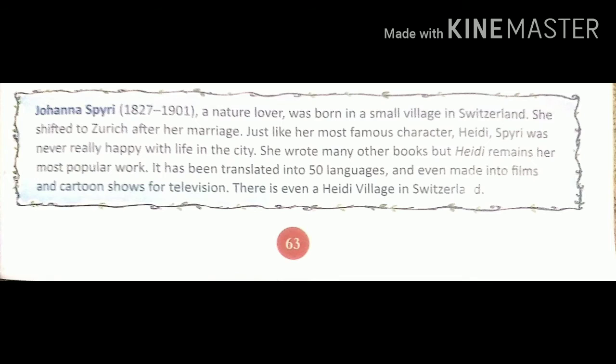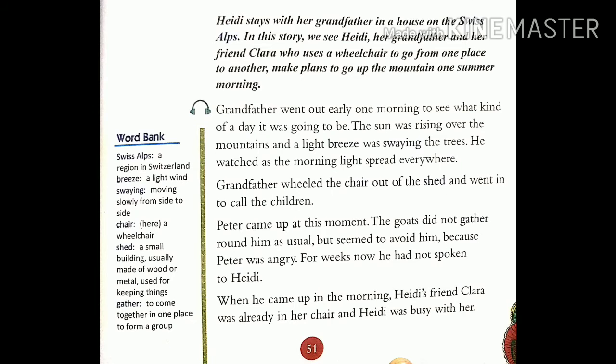She wrote many other books, but Heidi remains her most popular work. It has been translated into 50 languages and even made into films and cartoon shows for television. There is even a Heidi village in Switzerland. Isn't it interesting, children?